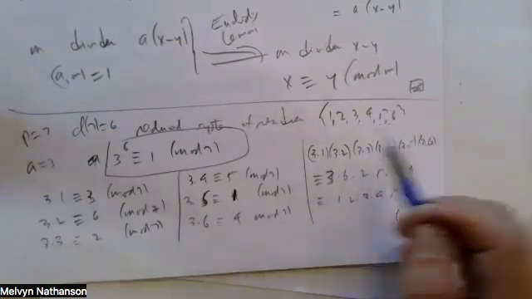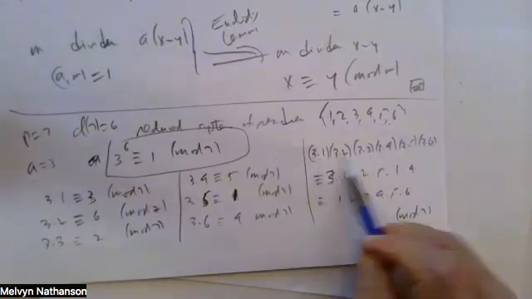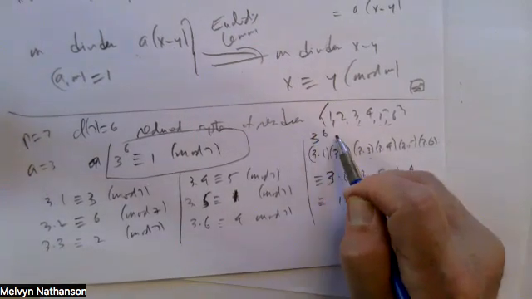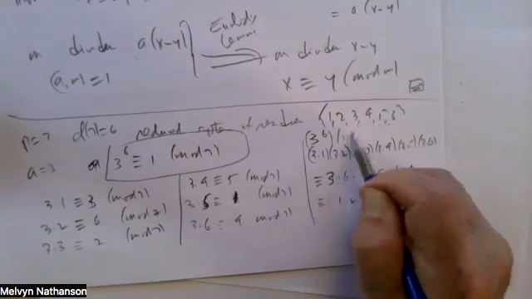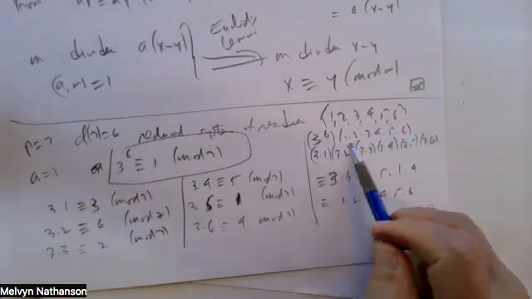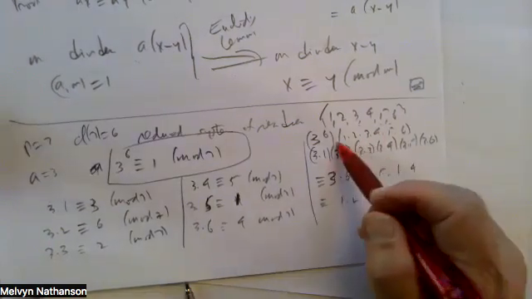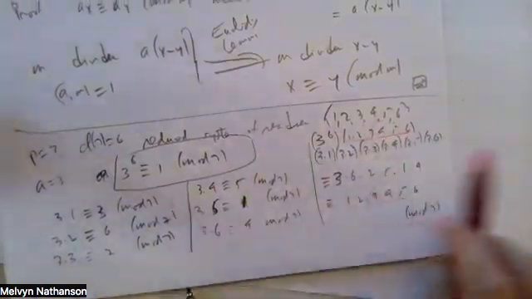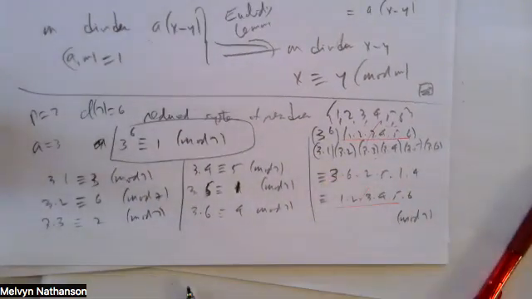And what do we have here? I have 3 occurring on the left 6 times, times 1, 2, 3, 4, 5, 6. So 3 to the 6th times this is congruent to this. Cancel them, you get 3 to the 6th is congruent to 1 mod 7. That's exactly the way this proof went.